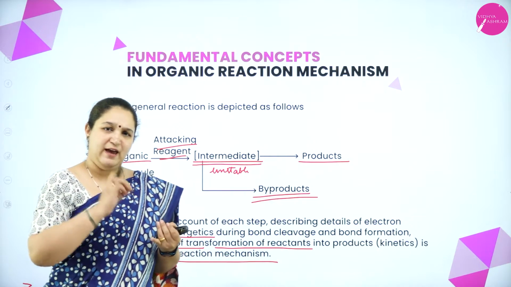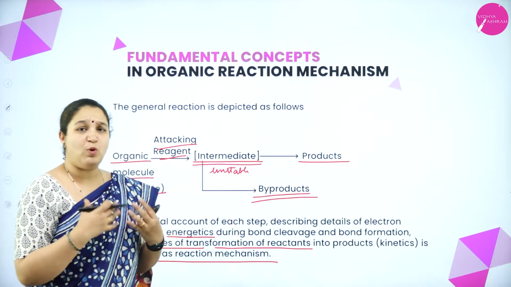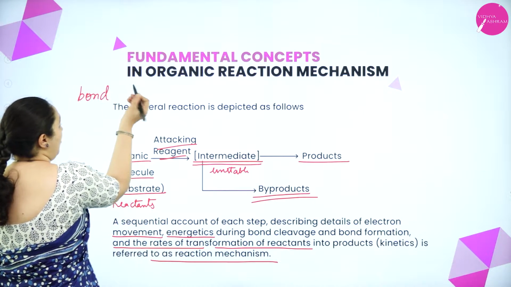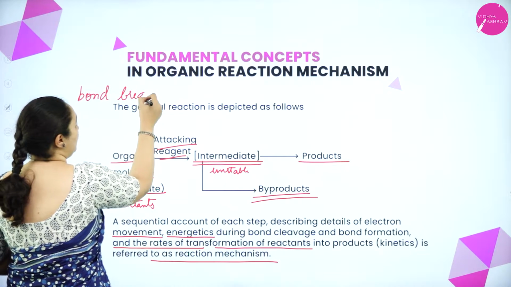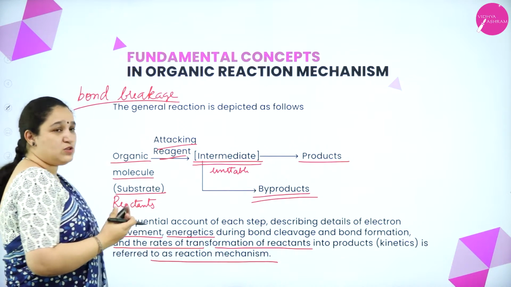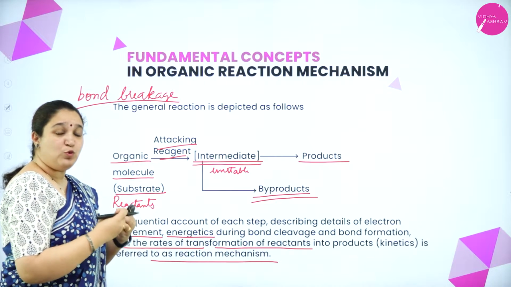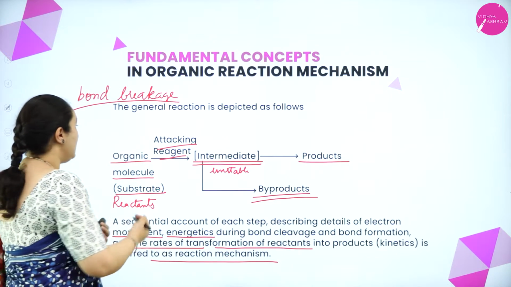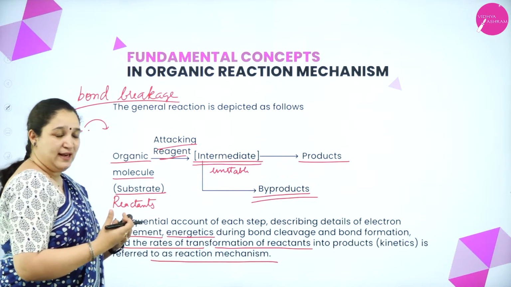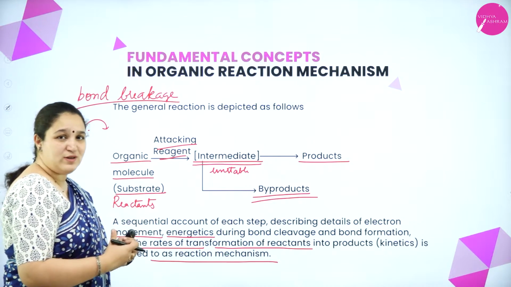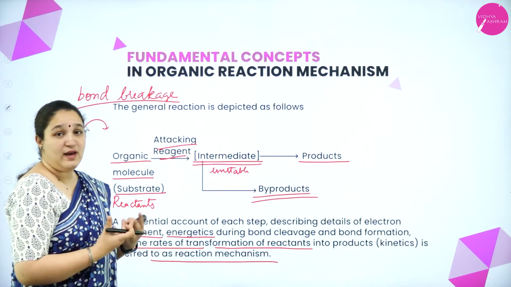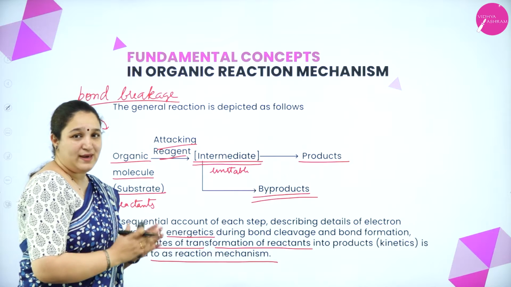We are explaining every detail: how the bond is breaking, the bond cleavage or bond breakage, and also the movement of the electrons, that is, how the electrons are moving from one reagent to another, whether the electrons are forming a bond or the bond is breaking to give rise to free radicals or cations, anions, etc. Everything we are going to explain.